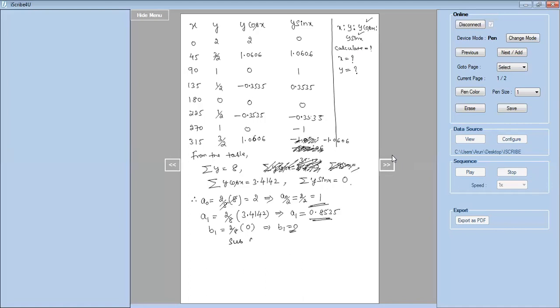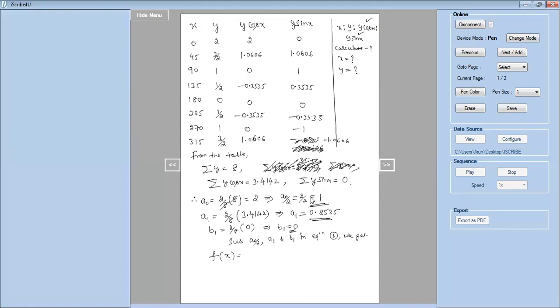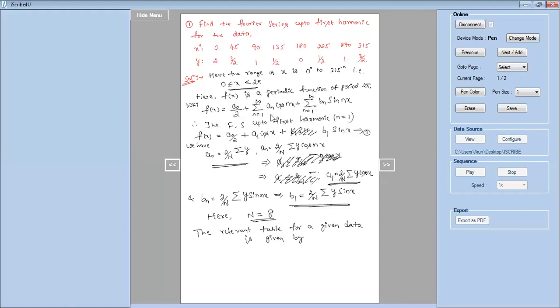Substituting a naught by 2, a1 and b1 in equation 1, we get f of x equals, the first term was a naught by 2, and a naught by 2 is 1, so it is 1 plus a1 cos x plus b1 sin x. Anyway, b1 is 0, this term will not come, so it is a1 cos x.